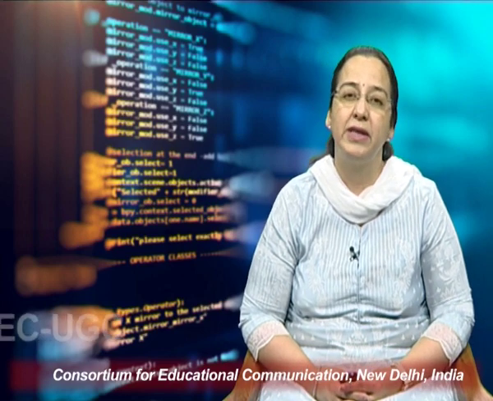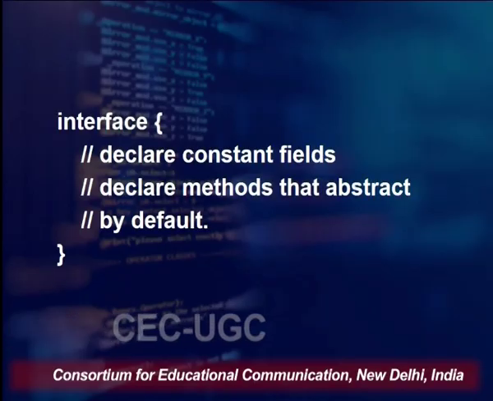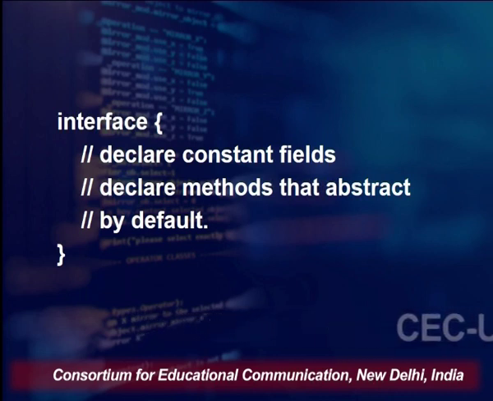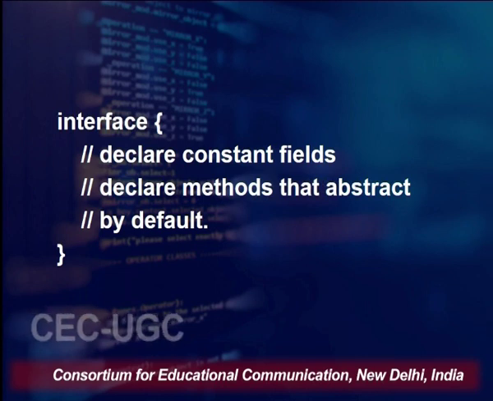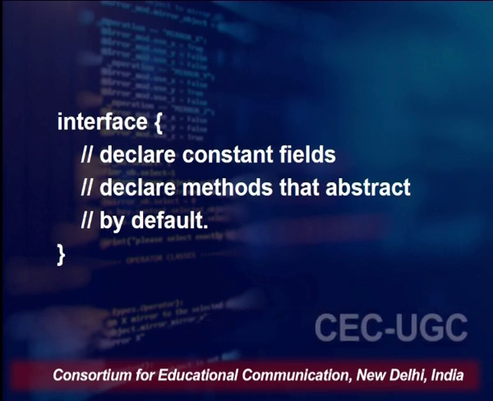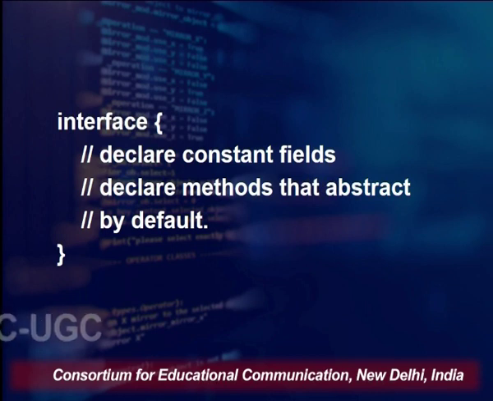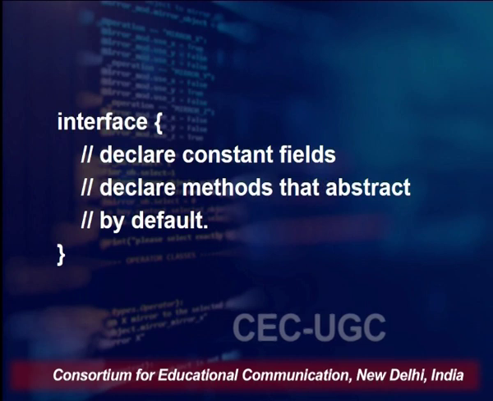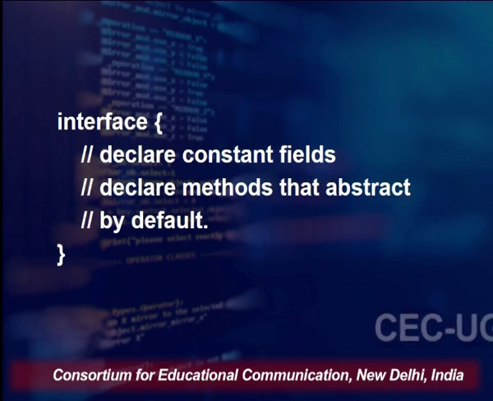If we look into the syntax of interfaces, it is very simple to create one. We write interface, and within the curly braces of its body, we declare the fields which are constants, and the methods which are abstract by default. We will study this with the help of examples also.